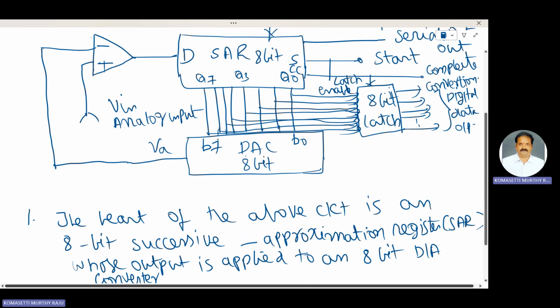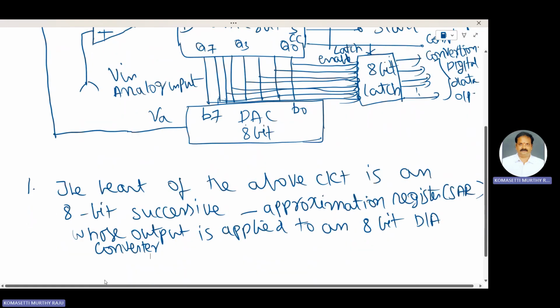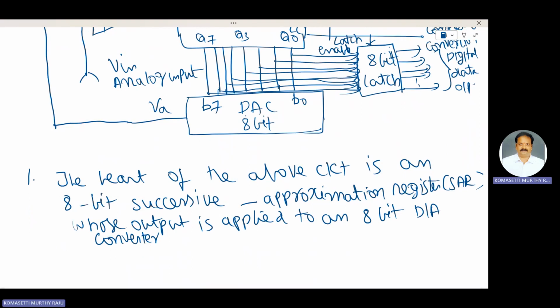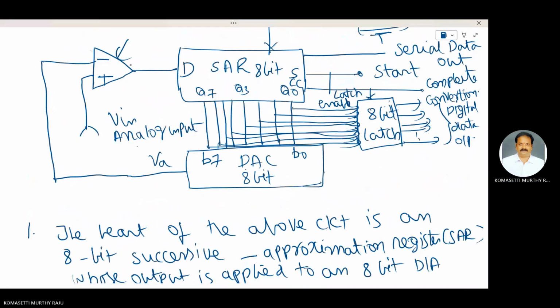This is the heart of the circuit: SAR, successive approximation register, means 8-bit SAR. The output of the SAR is given to the 8-bit digital to analog converter shown in the figure. The analog output VA of the digital to analog converter is then compared to the analog input signal VIN by the comparator. This one is the comparator.